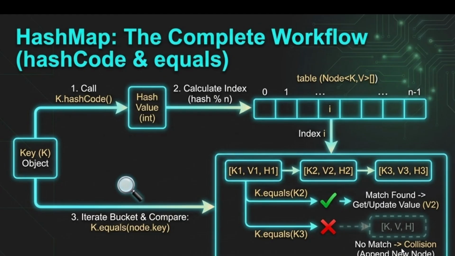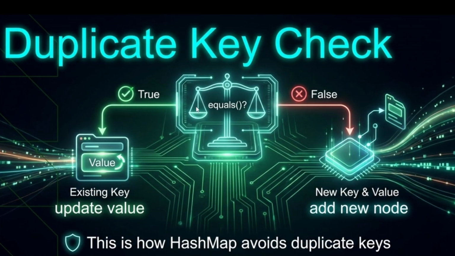That's why we are seeing size as 2. Duplicate key check always goes with true. If the key already exists, it will update the value. If it is a new key, it adds a new node. This is how HashMap avoids duplicate keys. Whenever we find a key, we update; if no key is found, we create a new one.